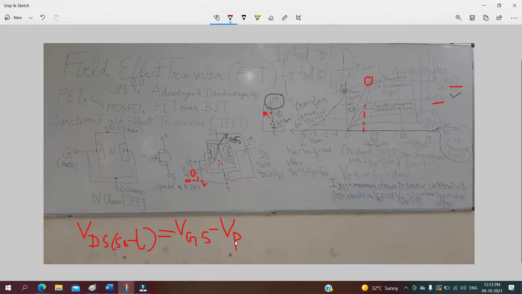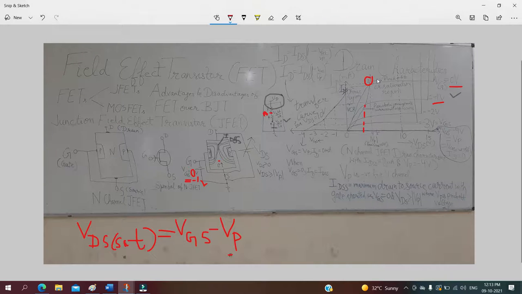So for any given value of VGS, saturation occurs for lower value of VDS. Now, when VGS is 0, then VDS saturation will be equal to VP, or you can say pinch off voltage.